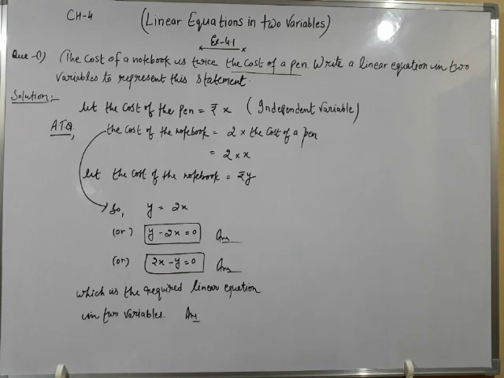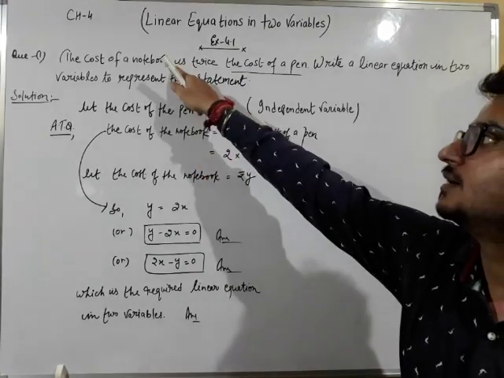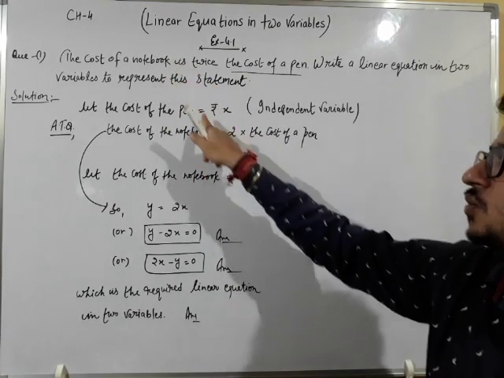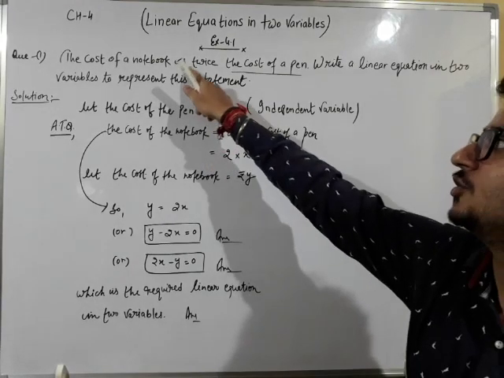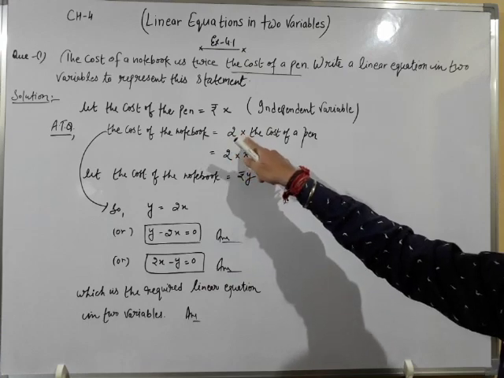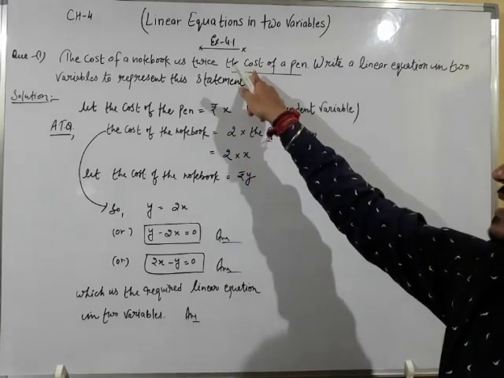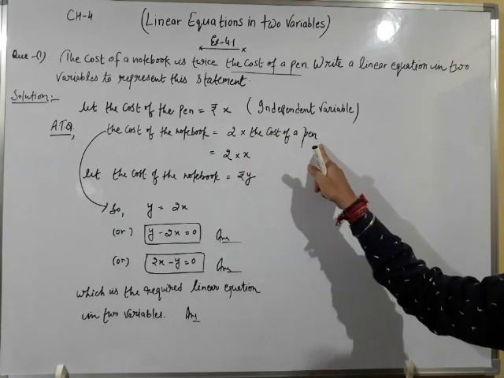So according to the question, the cost of the notebook is, meaning equal, so we have written an equal sign here, twice, meaning 2 multiplied by the cost of a pen.